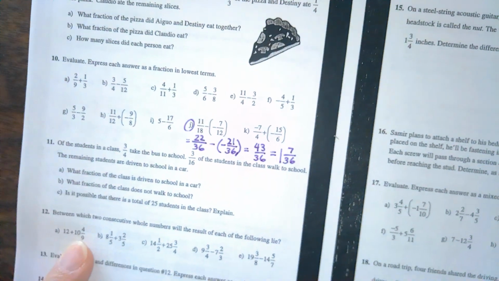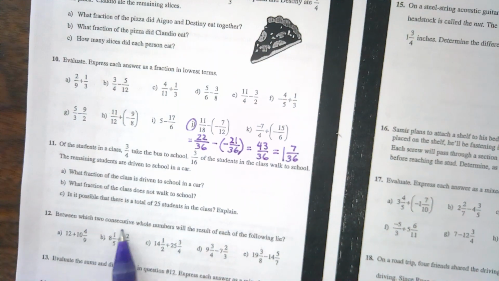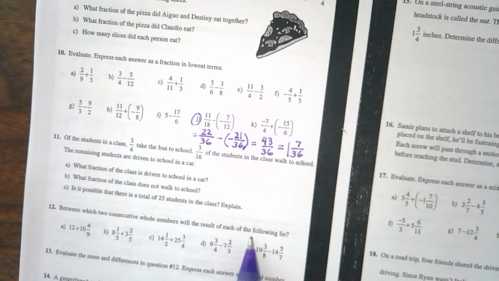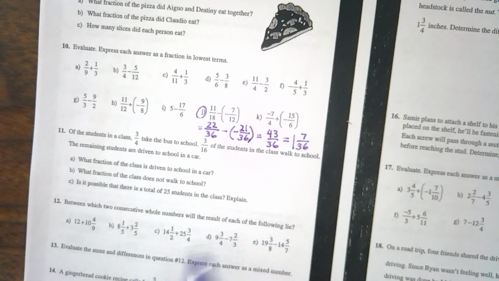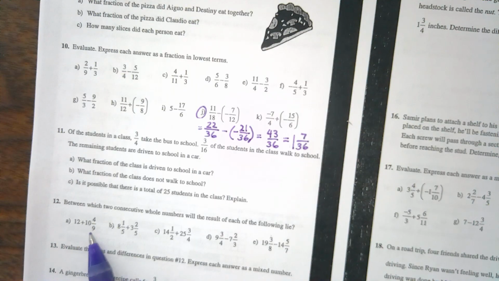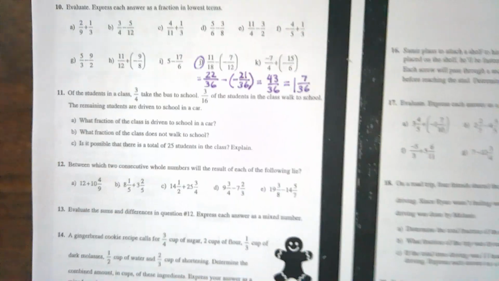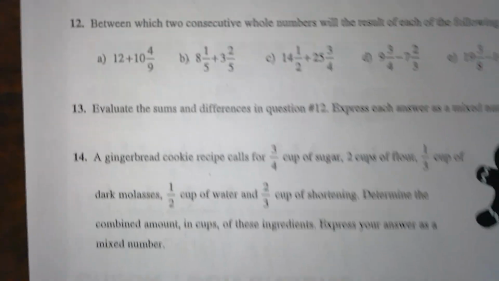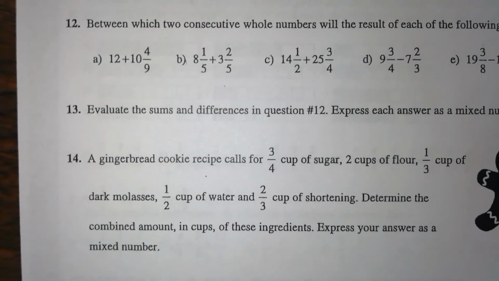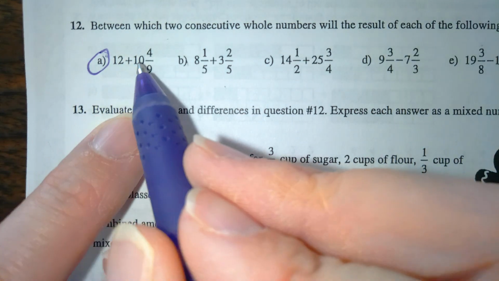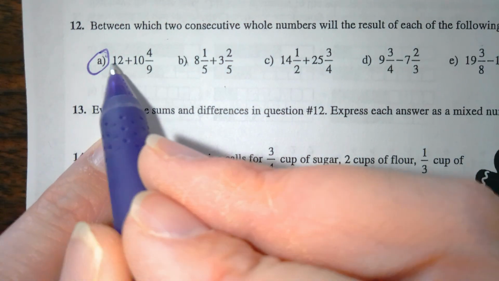Okay, sorry, Owen, you were asking me number 12? Between which two consecutive whole numbers will the result of each of the following lie? Okay, so for example, this one right here. Let's do 12a. When you add these, because you're adding, you can just add the whole numbers together.